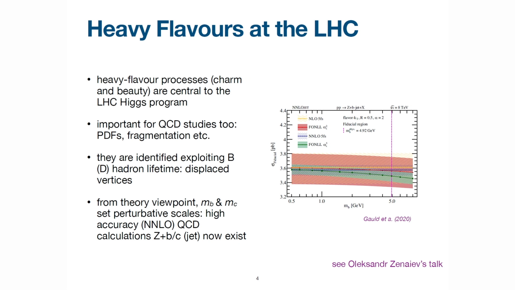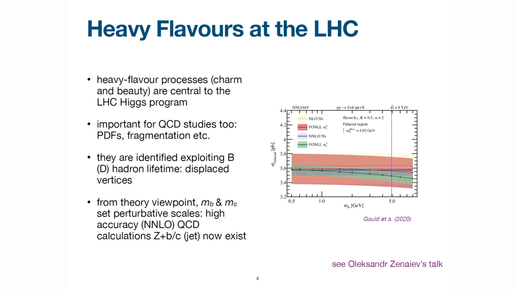By studying their fragmentation, we can also learn something about the QCD shower, and in particular, maybe, the transition to the hadronization stage. When I talk about heavy flavors, what I have in mind, I should have said this before, is charm and bottom. The top is too heavy, so it doesn't fragment, and we don't discuss it here, although it's fairly interesting.